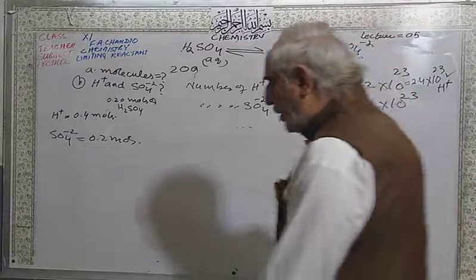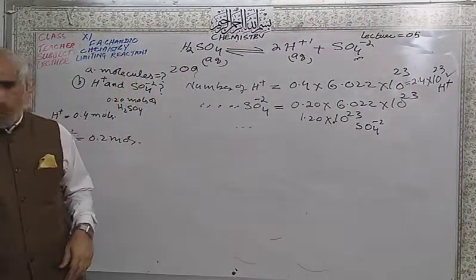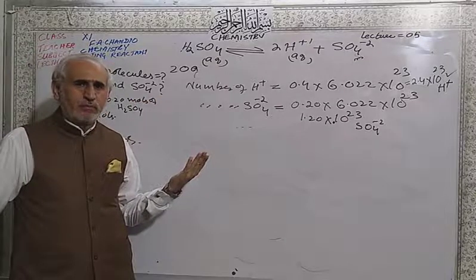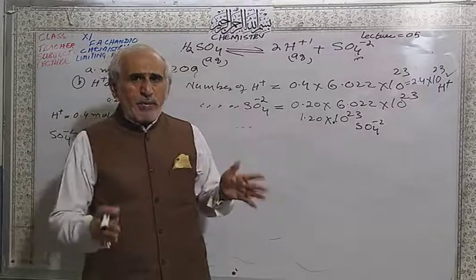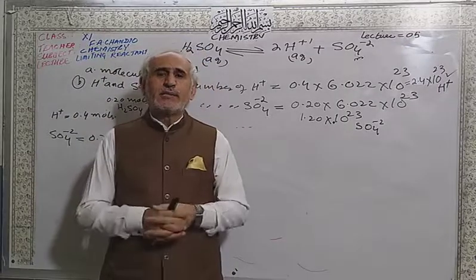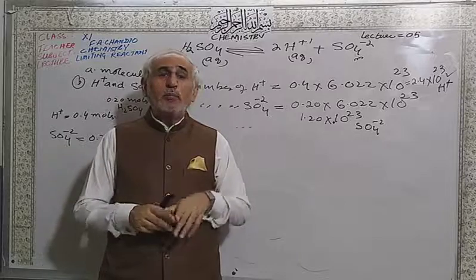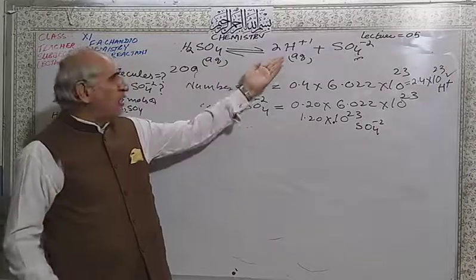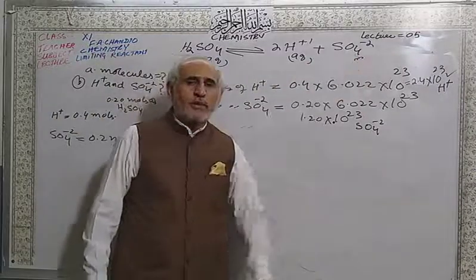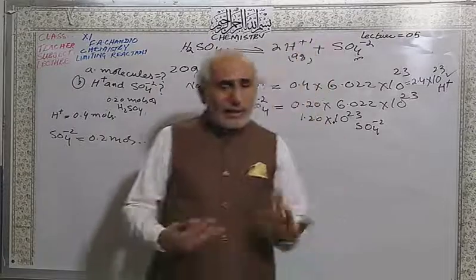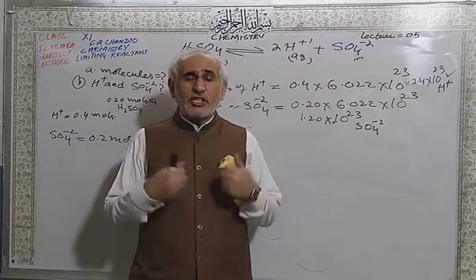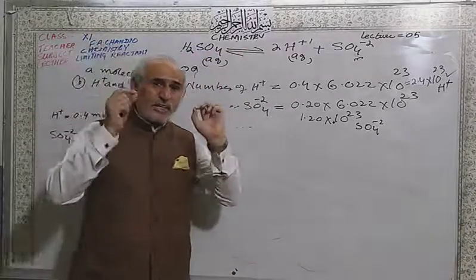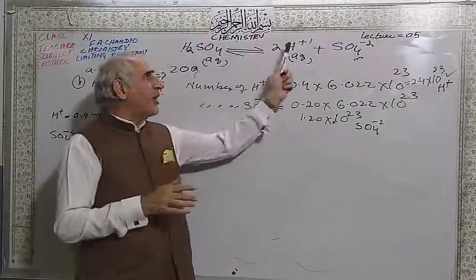There is one thing I want to tell you which is not given in this book. When an acid is ionized, the number of ion particles may or may not be equal. In this equation, sulfuric acid ionizes into 2 ions of hydrogen and 1 ion of sulfate. But, dear students, one thing is very important and always equal: the number of charges.